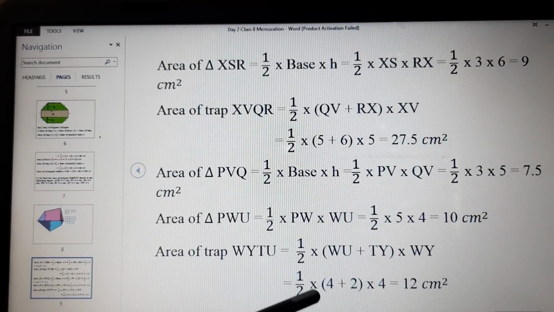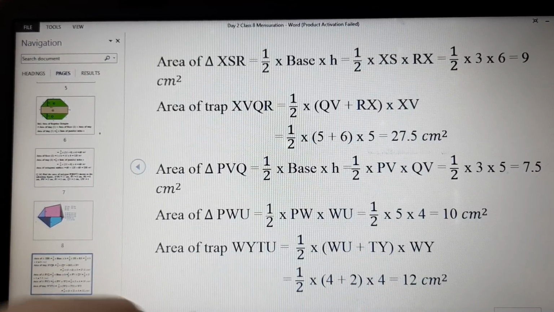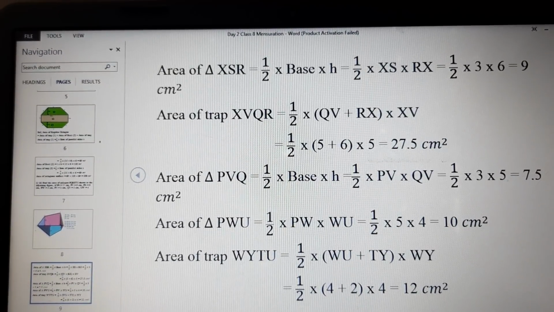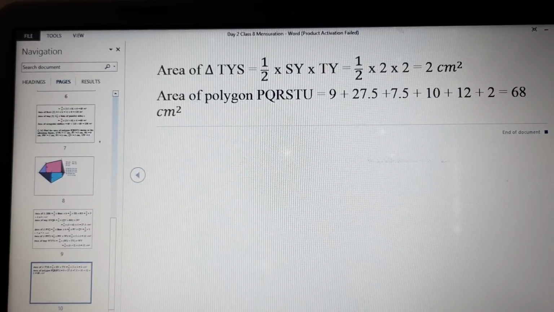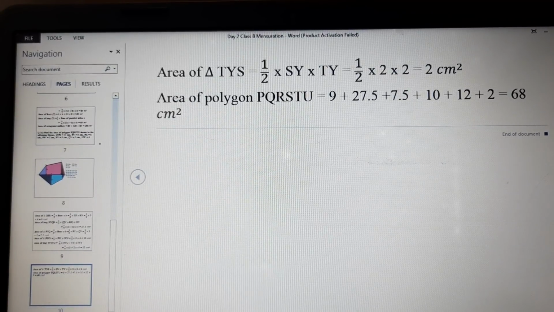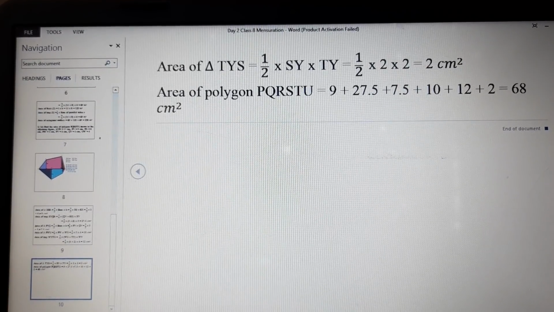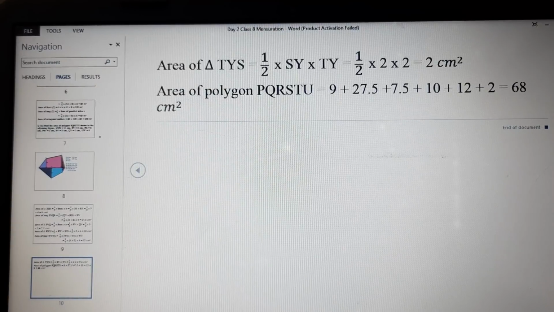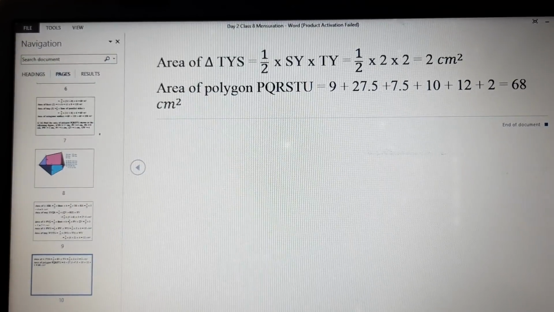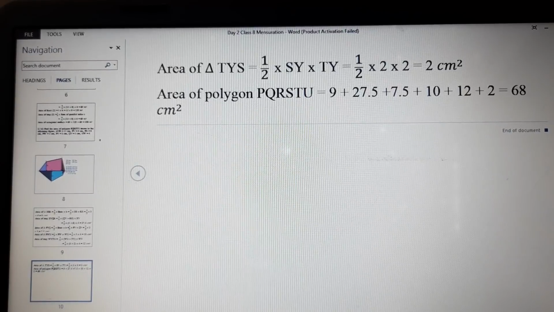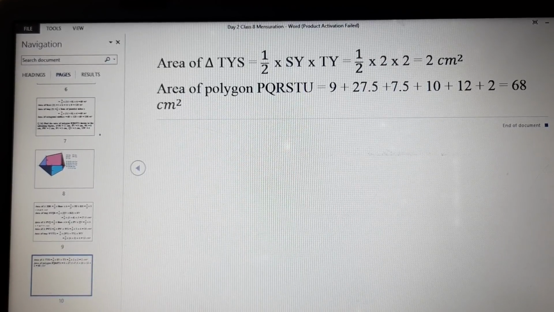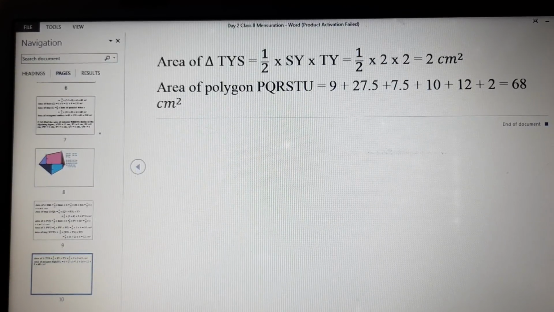So it is 1 upon 2 into the sum of parallel sides into 4, which is equal to 12. The last triangle, TYS: 1 upon 2 into SY into TY, base into height. The base is 2, the height is also 2. So it has come to 2 centimeter square. Now if we add, it becomes 68 centimeter square.